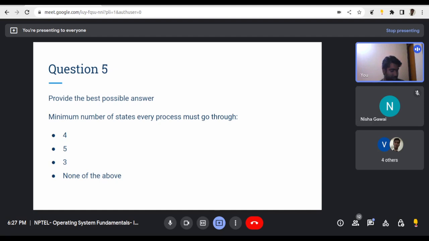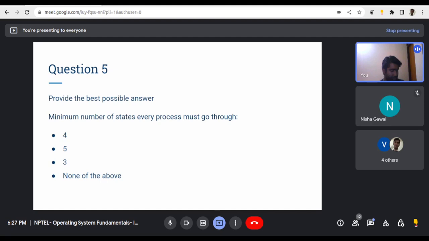No, right? It need not go to the waiting state. So what will be the state transition diagram at minimum? A new process is created, so it goes to the new state. Then it moves on to the ready queue, where it is in the ready state.